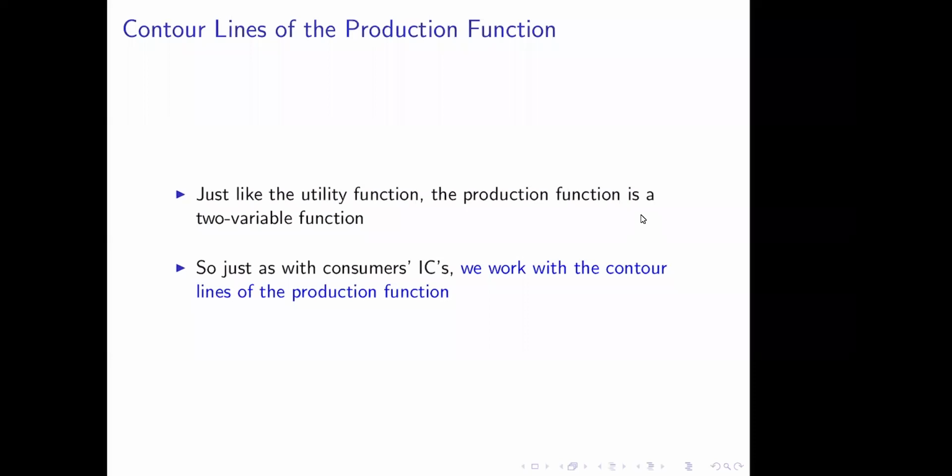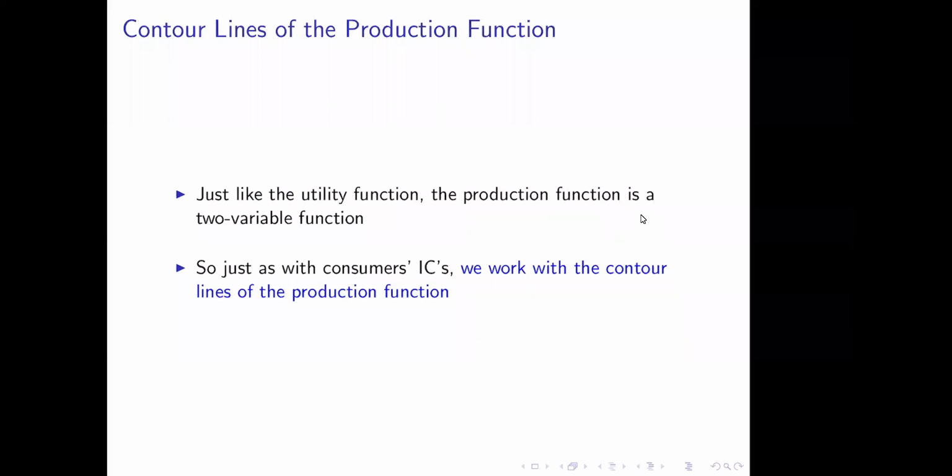Now with the isoquant, we work with the contour lines of the production function where we fix the amount of Y, or the amount of output, right? In this context, we fix the amount of output and we try to find what are the input combinations, the input mix L and K, that could produce the same amount of output.